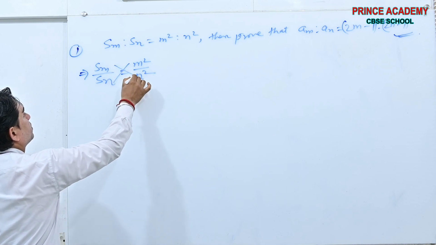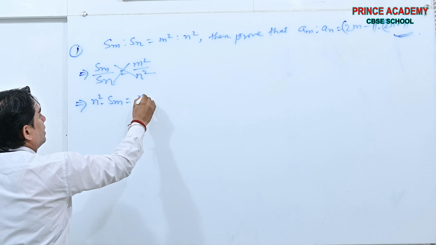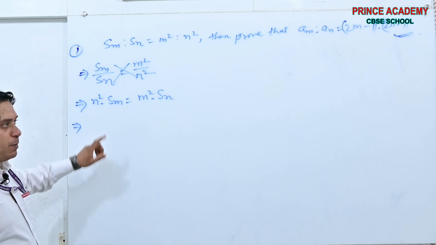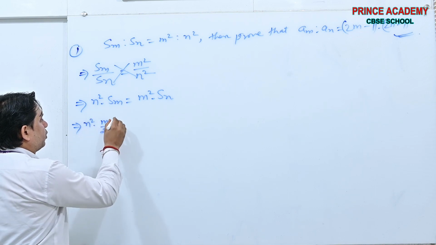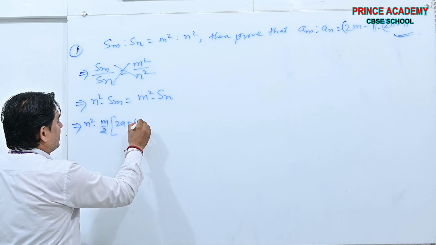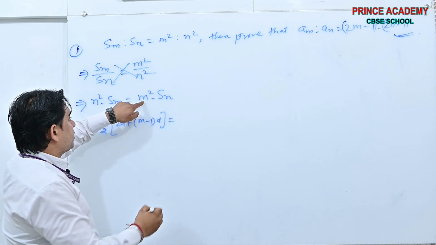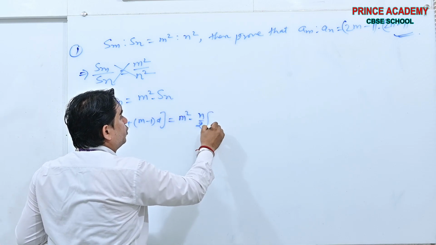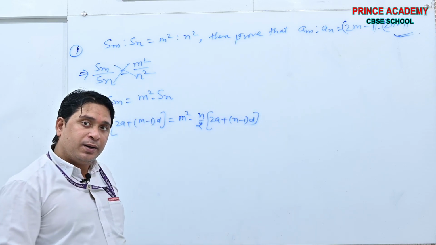Cross multiplication: n square into Sm, m square into Sn. Now n square into Sm is m by 2, 2a plus m minus 1 into d. Here m square into Sn is n by 2, 2a plus n minus 1 into d.